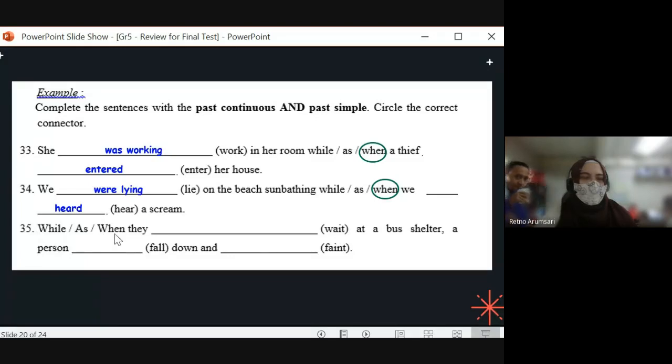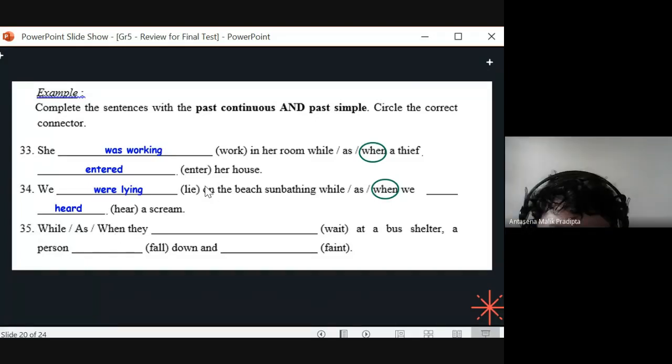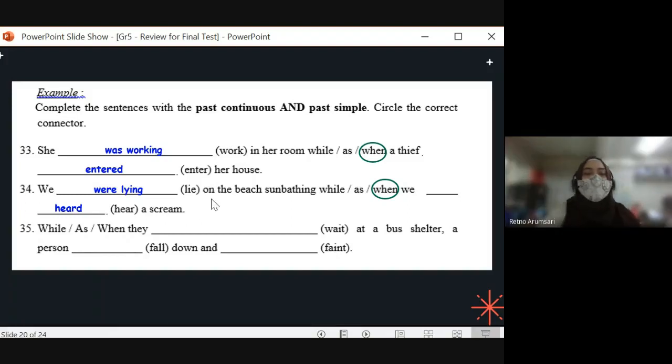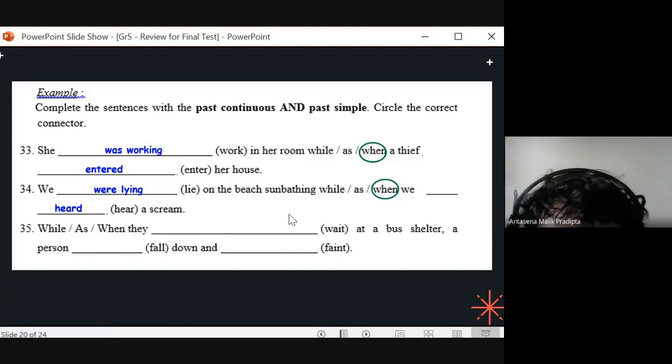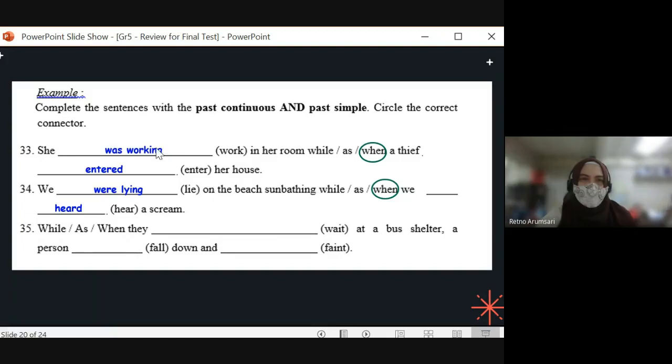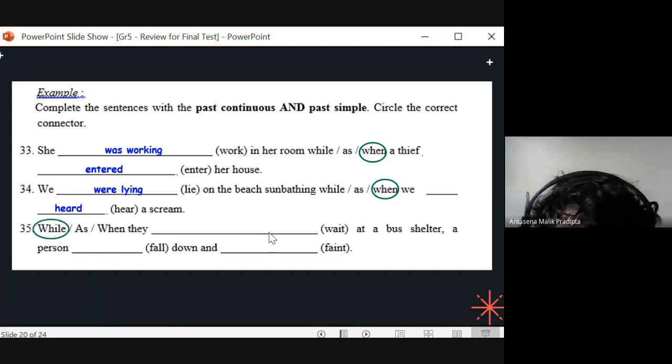Is it while, as, or when? As. Oh, as. Only two, while or as. And then what follows here? They wait, look at this. They waiting. Were, don't forget the were. Oh, they were waiting.